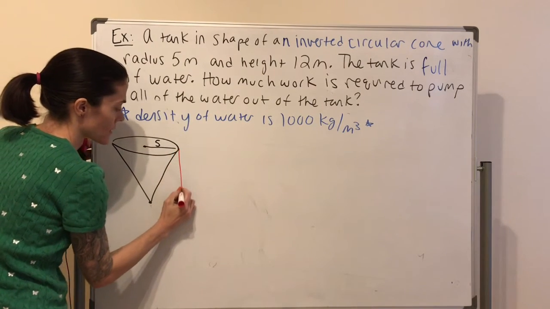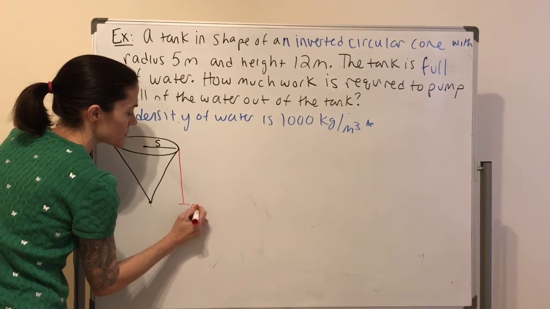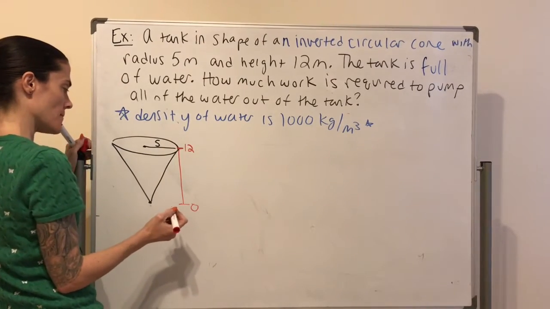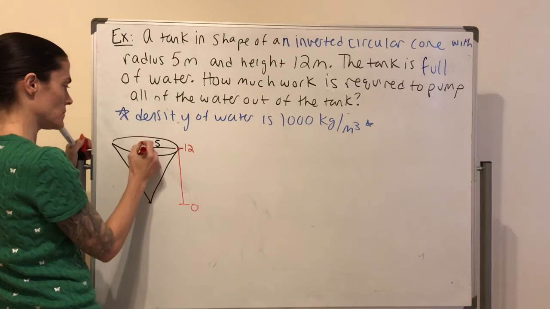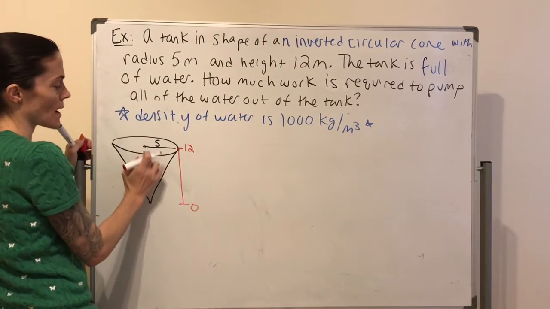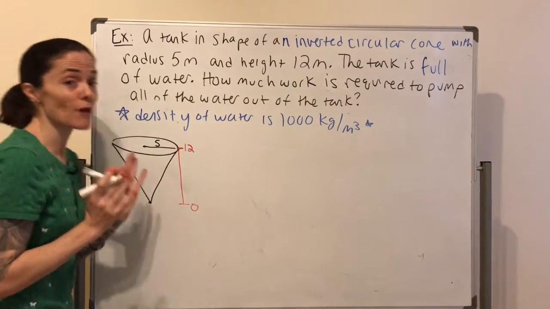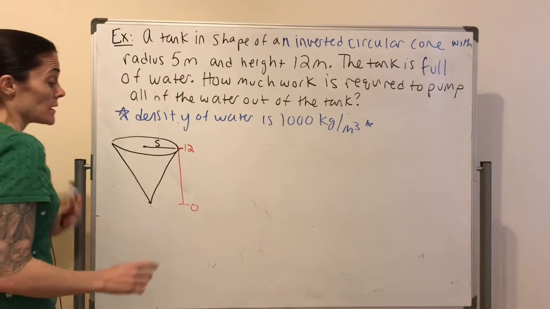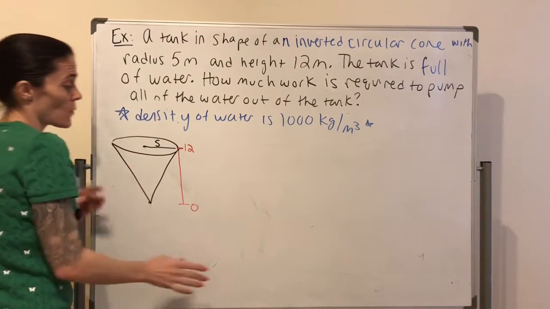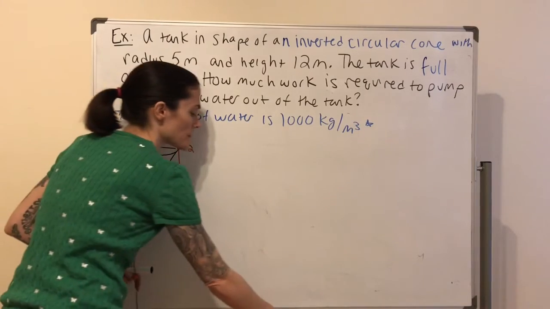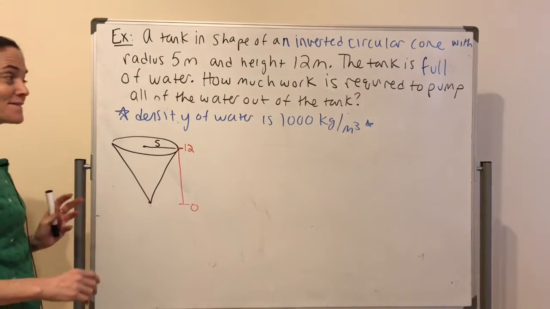I'll just draw here. Here's 0, and the height is still 12, right? And then this is right. So if you draw a line here, it makes a right angle like this. So it sits straight up. Okay, here we go. Now, what's also changed, it's fully full of water. So the water comes all the way up to the top, okay? Maybe I won't shade it in to confuse the picture.